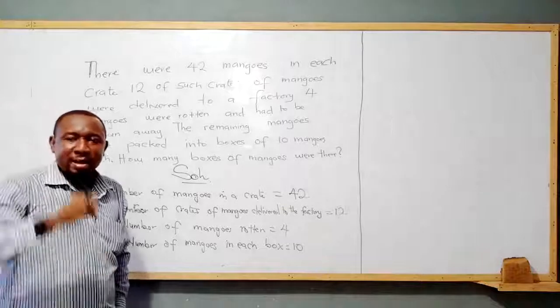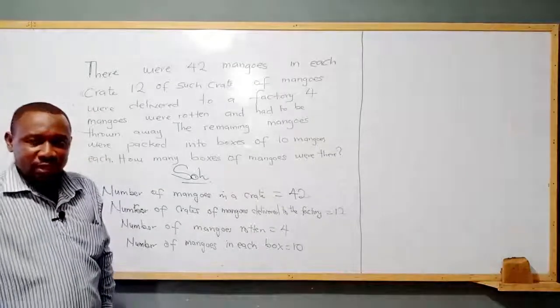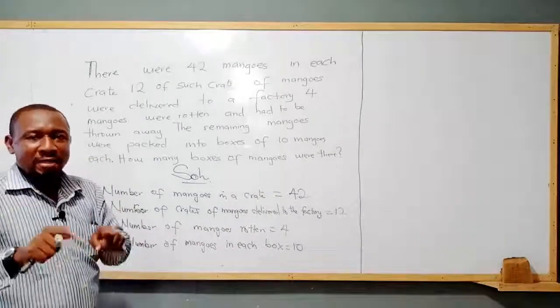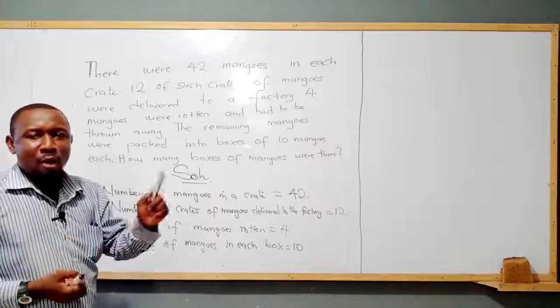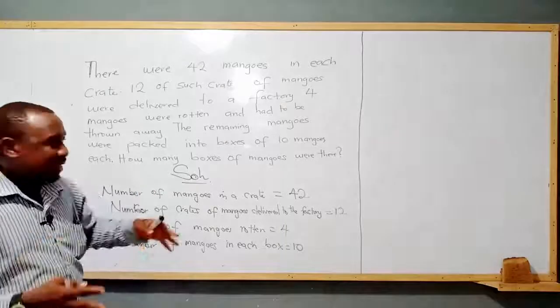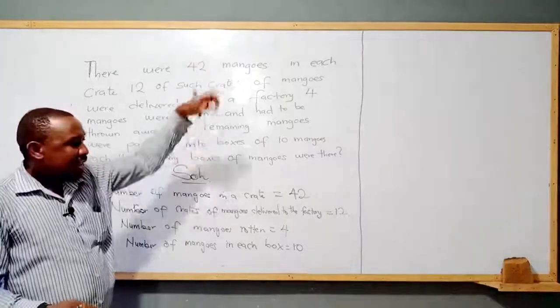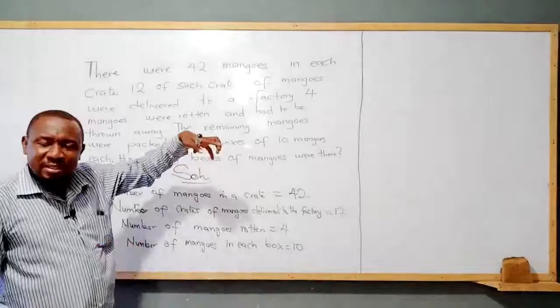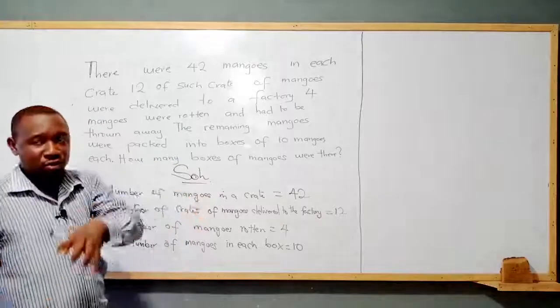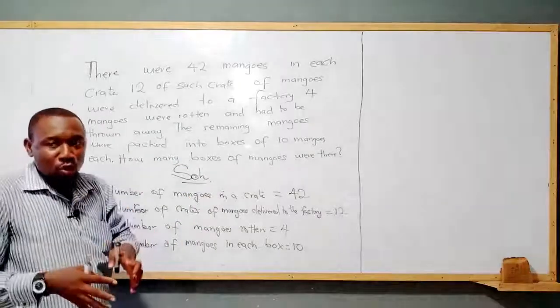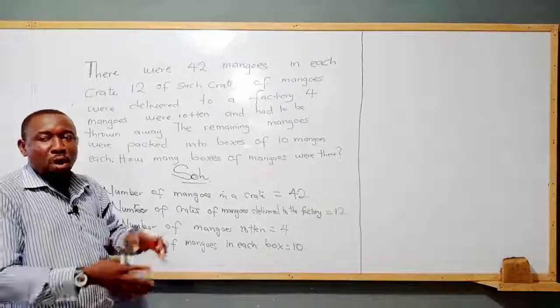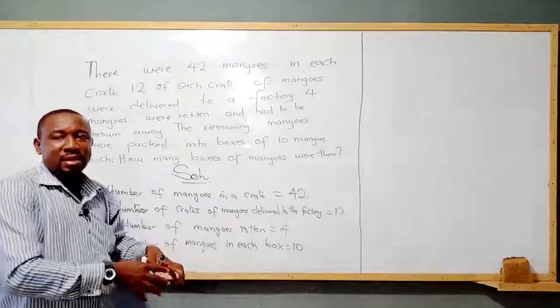We can find the number of mangoes that reached the factory by calculating the number of mangoes that were in the 12 crates that were sent to the factory.